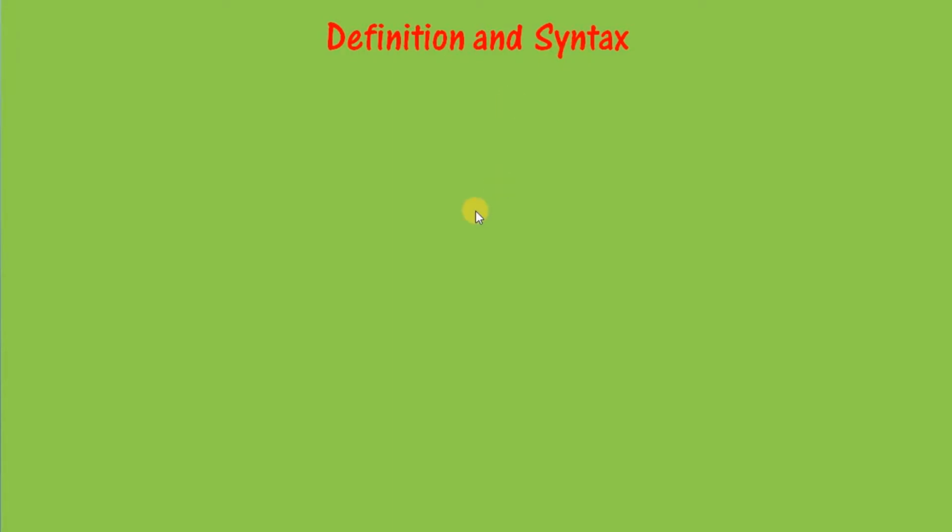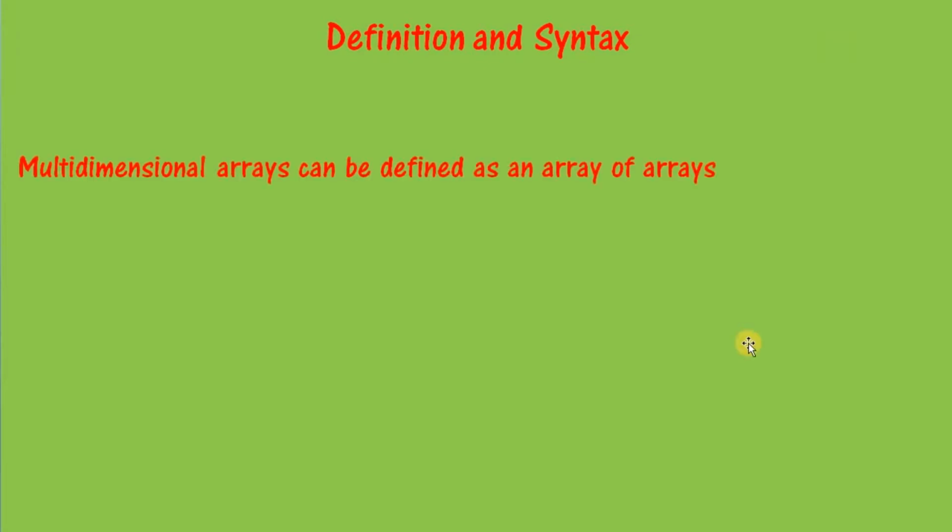What is multidimensional array? Multidimensional array can be defined as an array of arrays. You can think of multidimensional array as the combination of multiple arrays.